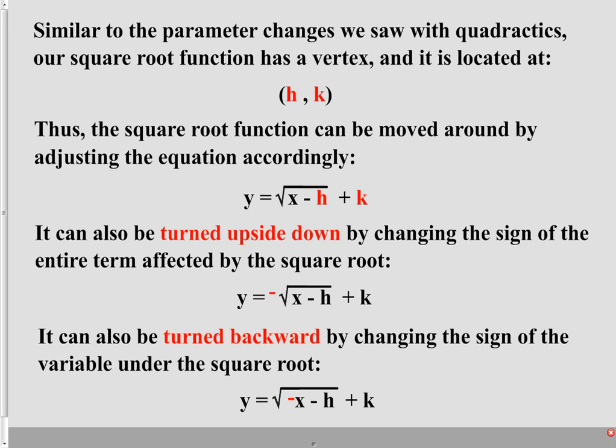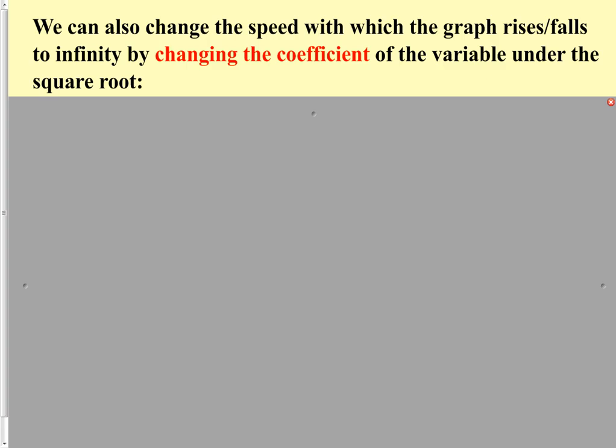Okay, there is one other adjustment that can be made, and that adjustment is, of course, changing the speed with which our square root function rises or falls to infinity. Okay, and that change is made by changing the coefficient of the variable dealing with the square root.